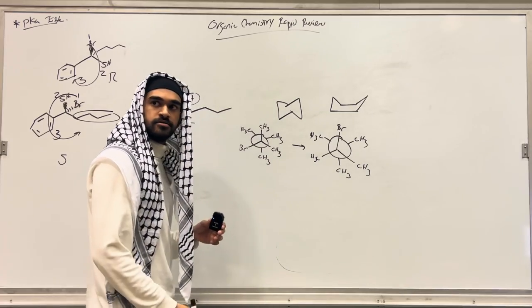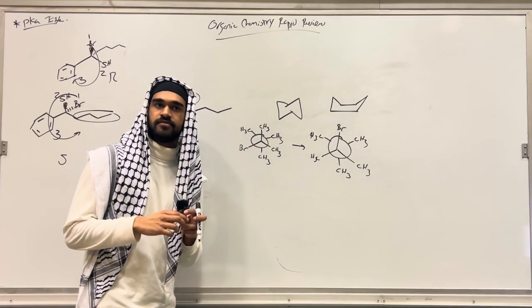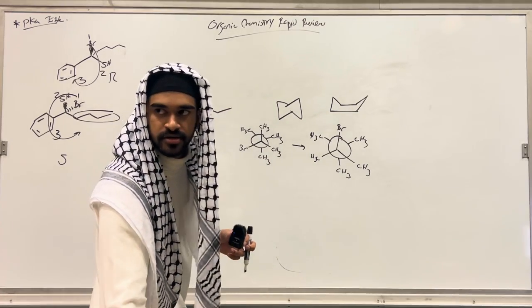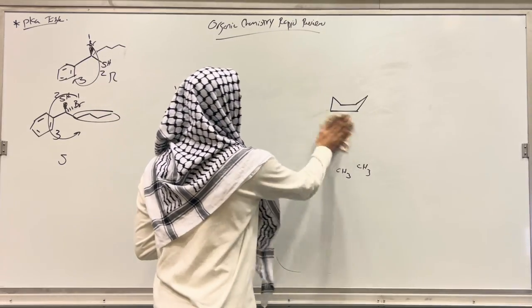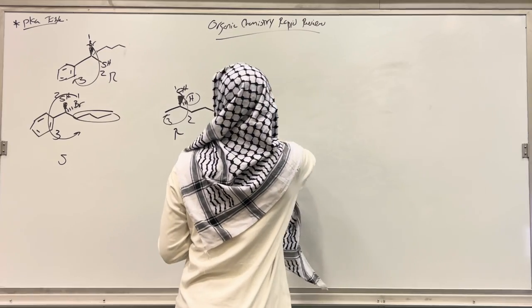That's it. Newman projections are great examples of conformational isomers. Change conformation and they become the same. Good? Cool.